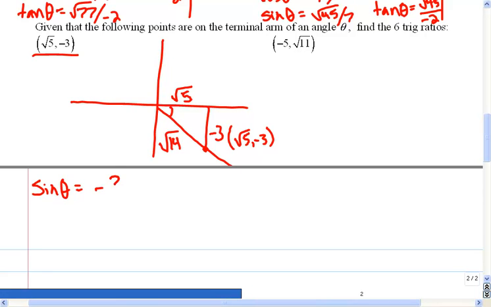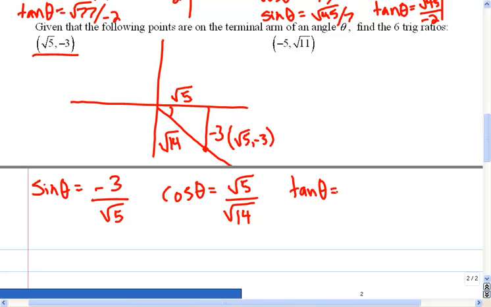opposite over adjacent. The cosine is going to be adjacent over hypotenuse, and the tangent is going to be opposite over adjacent. Whoops, I messed that one up.